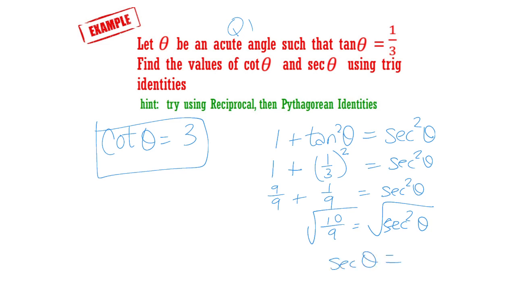Remember, everything's going to be positive, so I don't have to do the plus or minus on this one. Square root of 10 over 3. And we're done. Okay, so just some nice examples of using those identities, helping you have those stick in your head a little bit better.